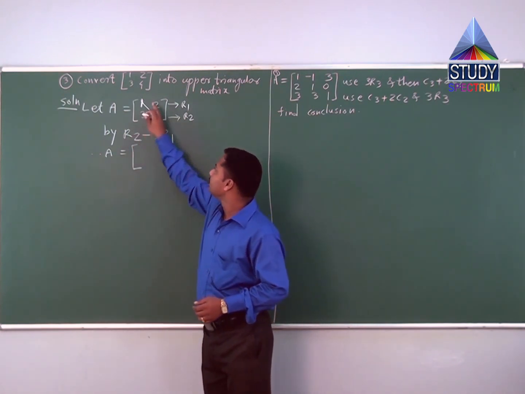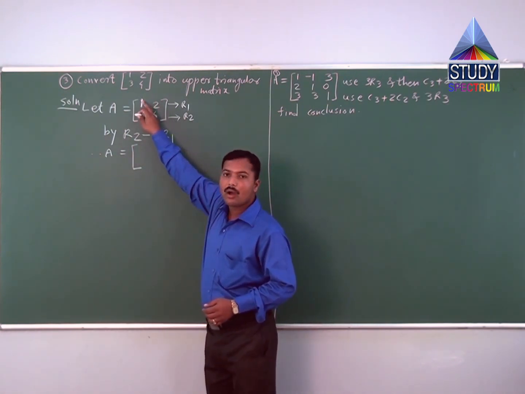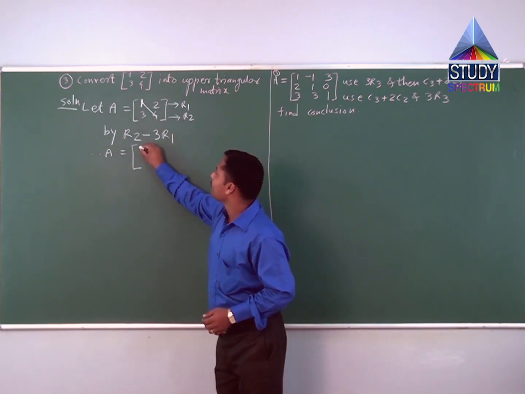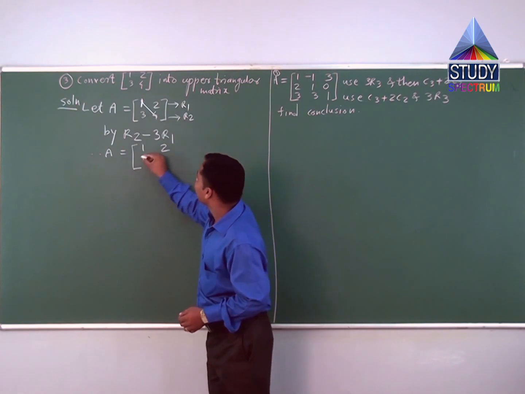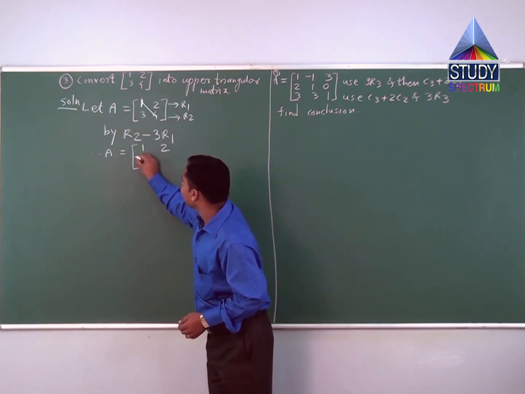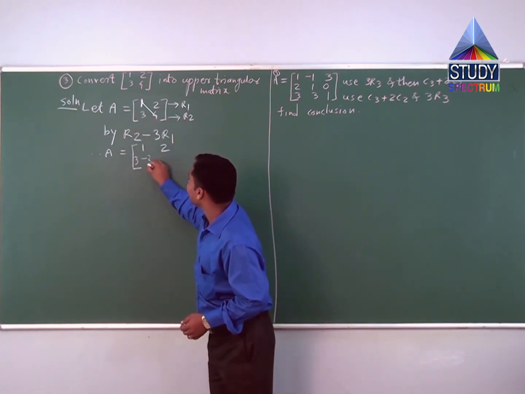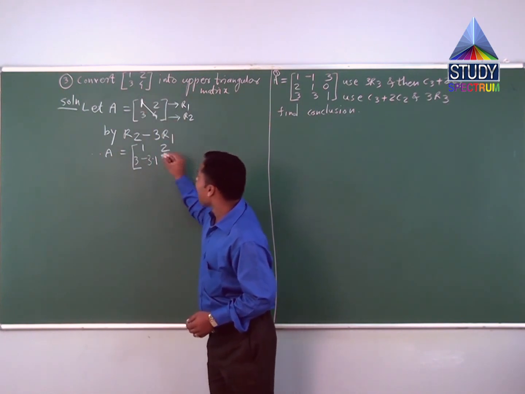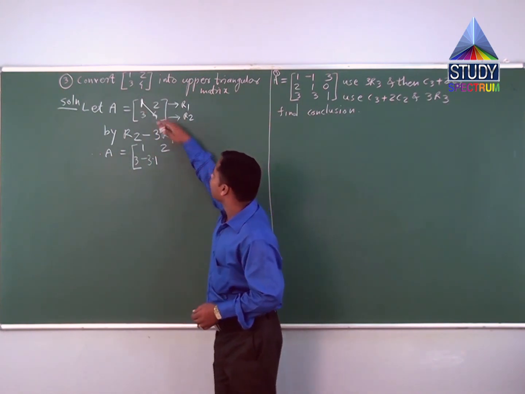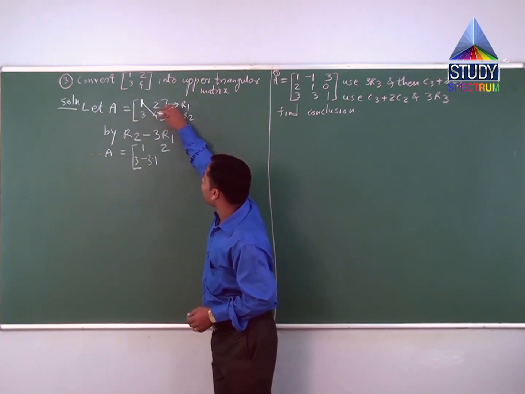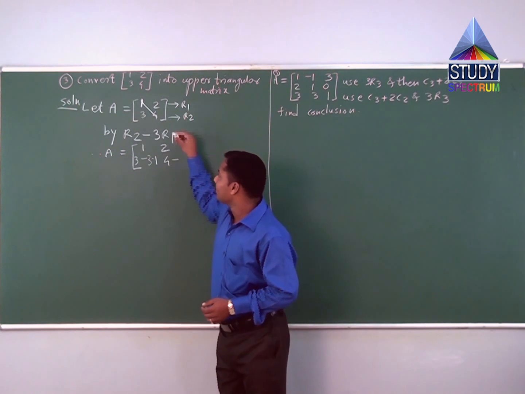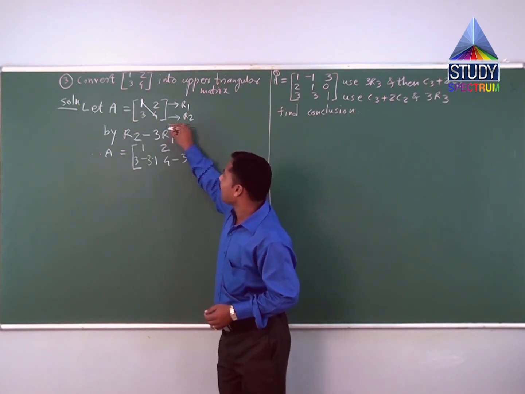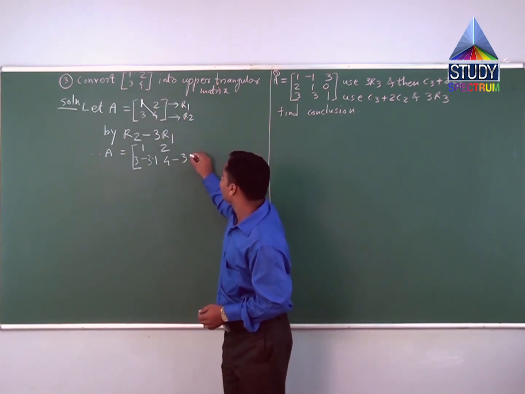R2 means only a change in the second row, the R1 row stays as it is. So first row 1 2, second row R2 means 3 minus 3 into R1 is 1. Again R2 is 4 minus this 3 and R1 is 2.